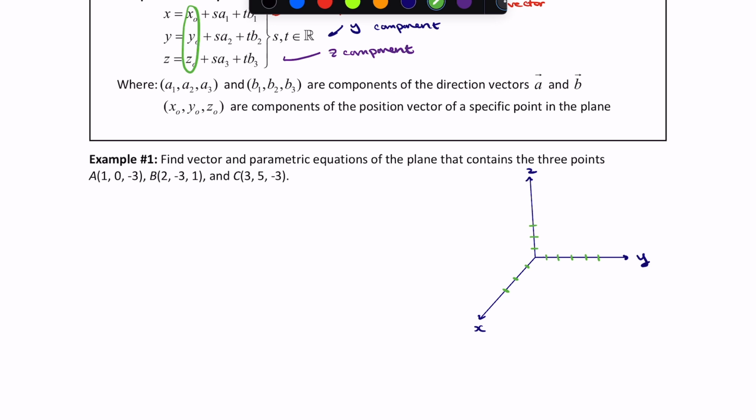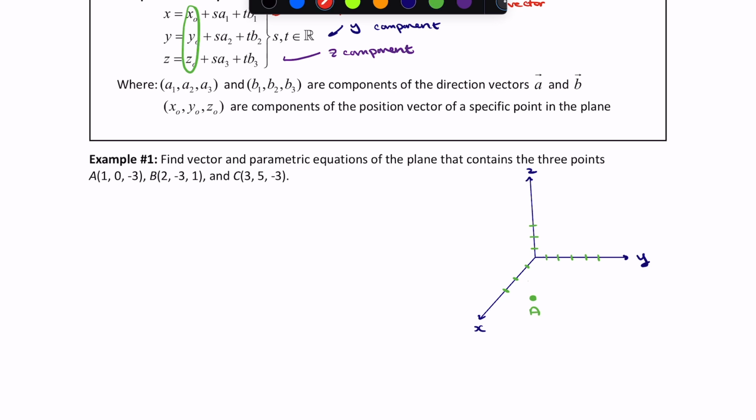Okay, so if we label our points, first A point is at 1, so we go x at 1, y value is 0, and then z value is -3. So our A value will be somewhere there approximately.